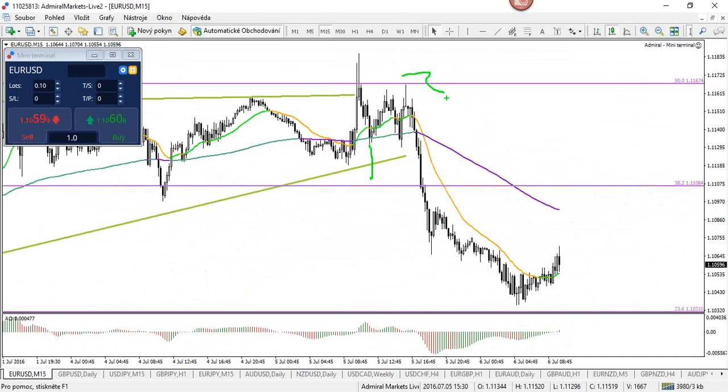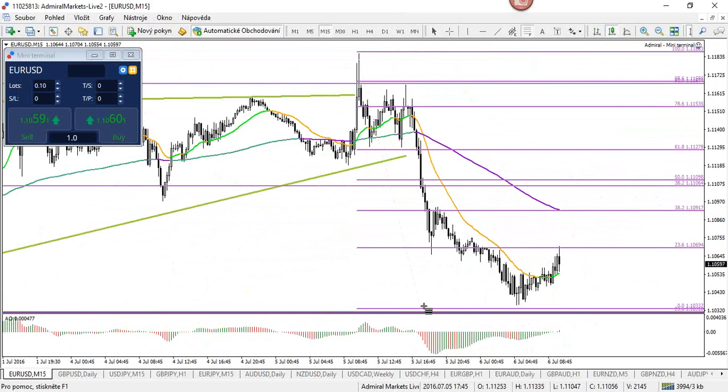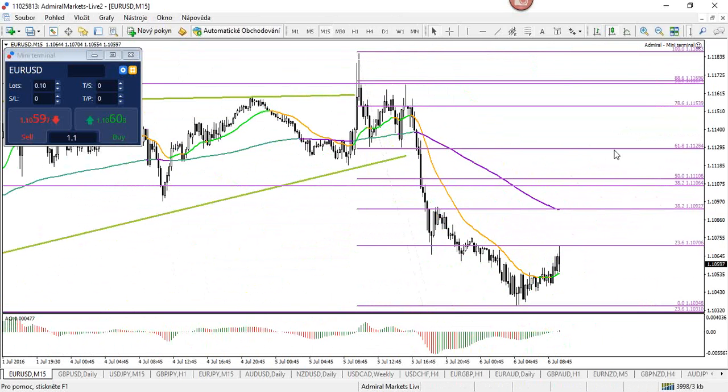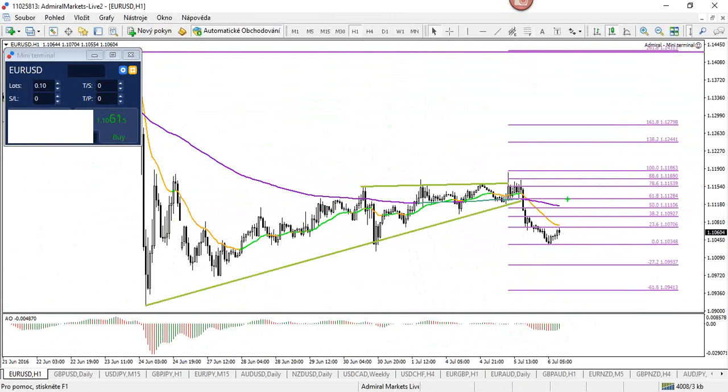We see 1, 2, 3, 4, 5. So we could see an ABC correction to a deep fib, like the 50, 61.8, 78.6 fib before turnaround. So that could easily happen like this.